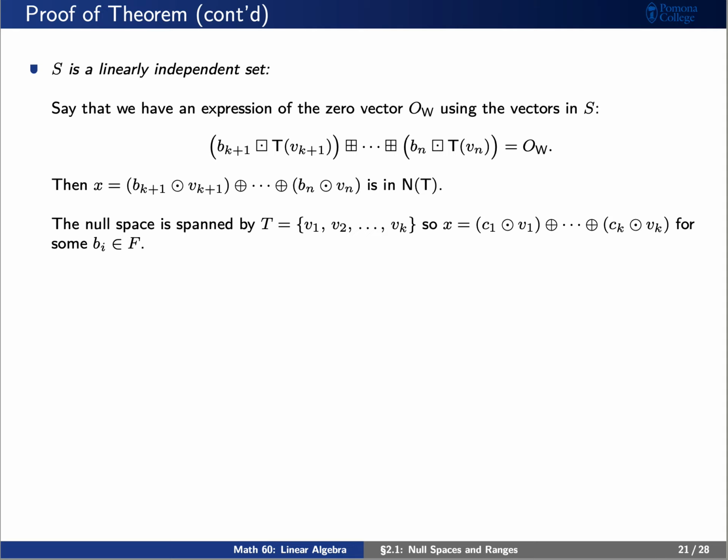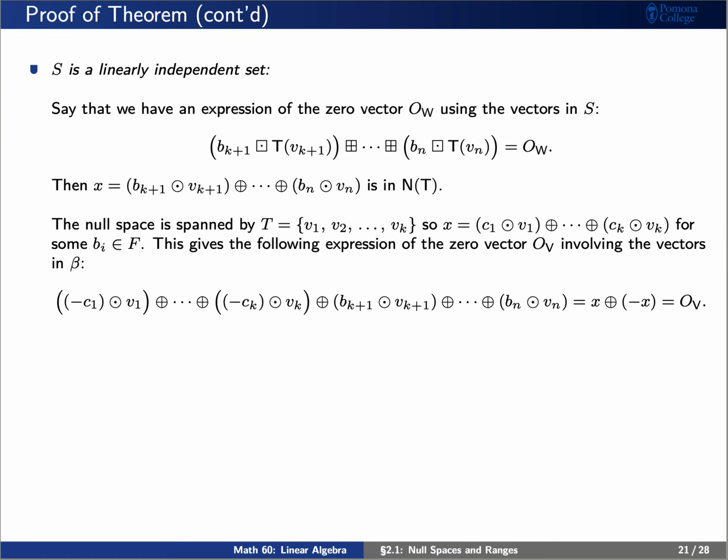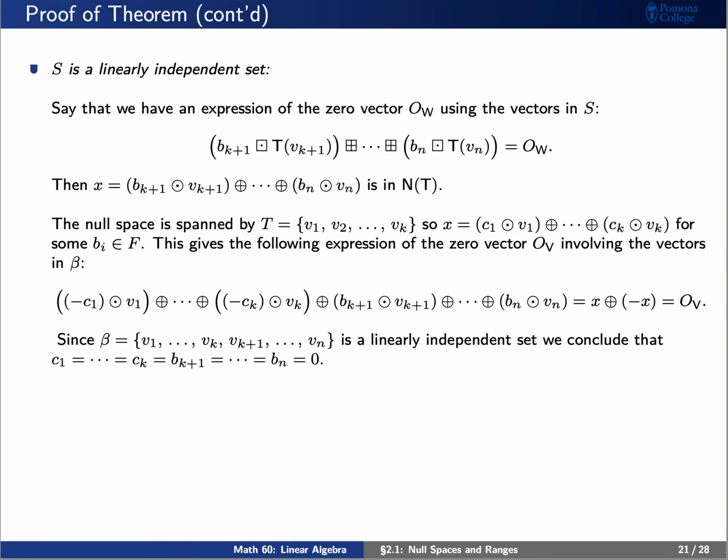Now the null space we know is spanned by v1 through vk, so this actually means that our x here must be a linear combination of those vectors. Putting this together, we have two different expressions for x, one involving b's, the other one involving c's. So we can take the difference, x minus x, to find the zero vector in our domain V. But this now is a linear combination involving the basis beta.